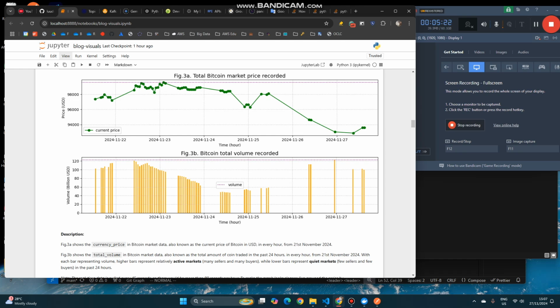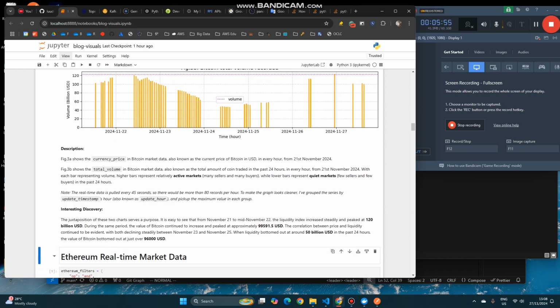From midday, maybe early 23rd November, the volume is going down, and the price is also going down, and it creates a local bottom here. Then the volume is going up again, and the price is also going up. So this is the connection between those two plots that I found. That is interesting.